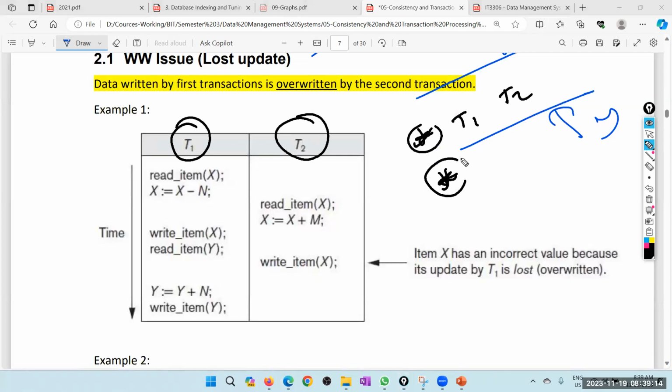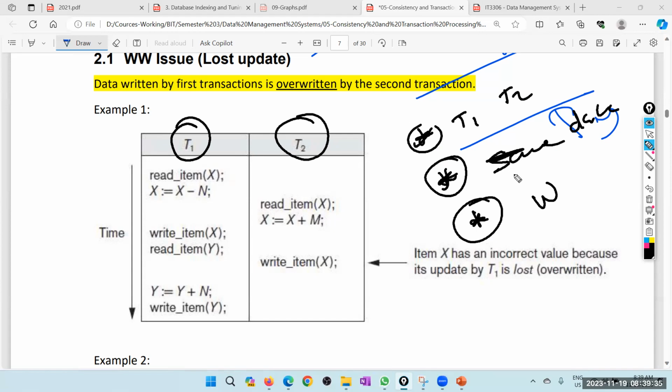Second thing is, those two transactions must refer to the same data. Same data. The third condition is that at least one of the operations must be a write. That is why read is not a conflict.